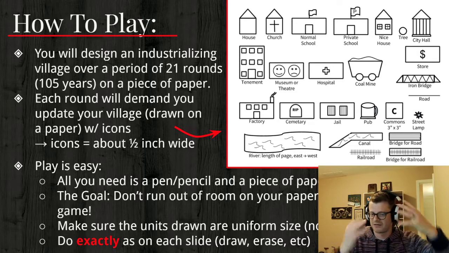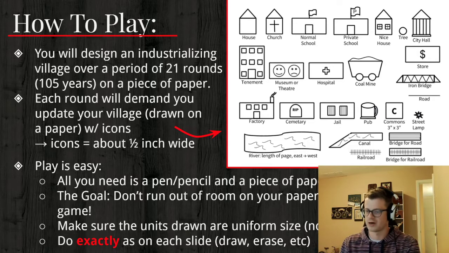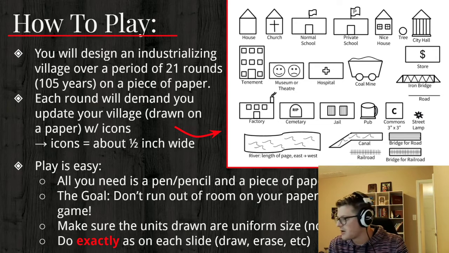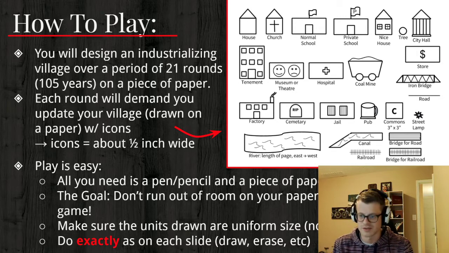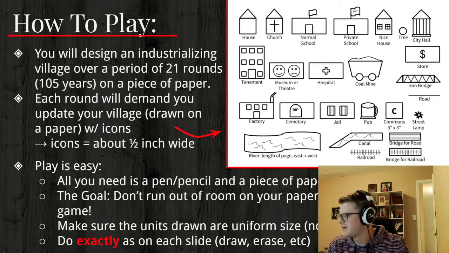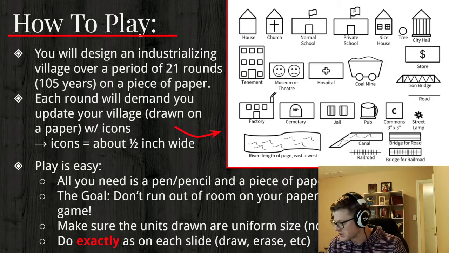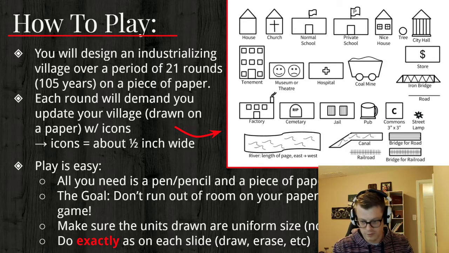We've got a house, church, normal school, private school, nice house, tree, city hall, tenements, which is like an apartment building, museum or theater, hospitals, coal mines, iron bridges, factories, cemeteries, jails, a pub, which is like a bar, a commons area, a street lamp, river, canals, railroads, bridges for roads, and bridges for railroads.